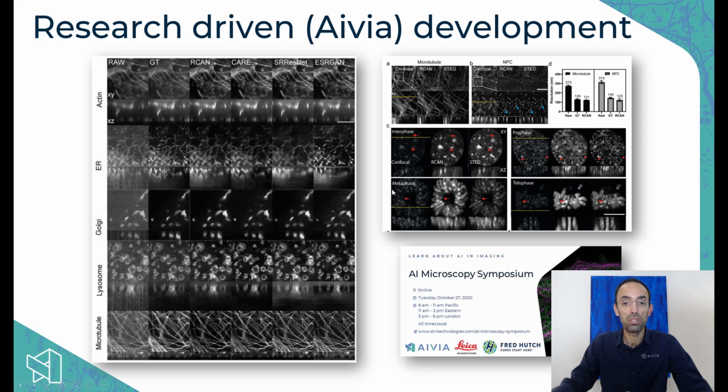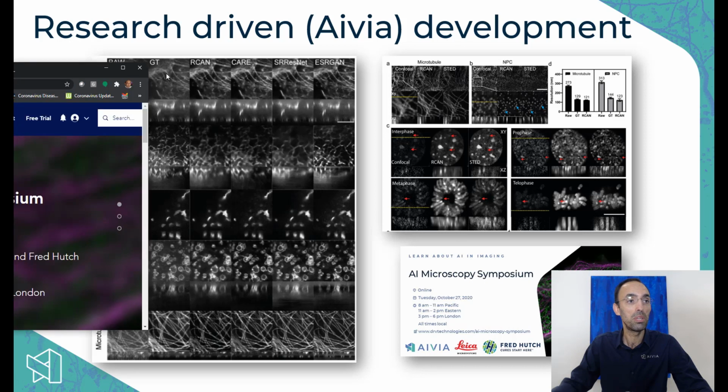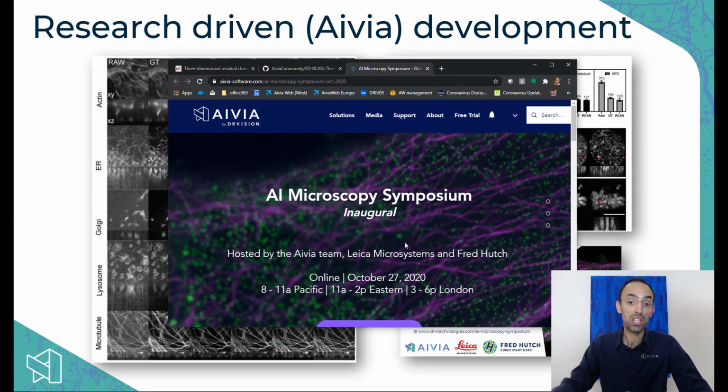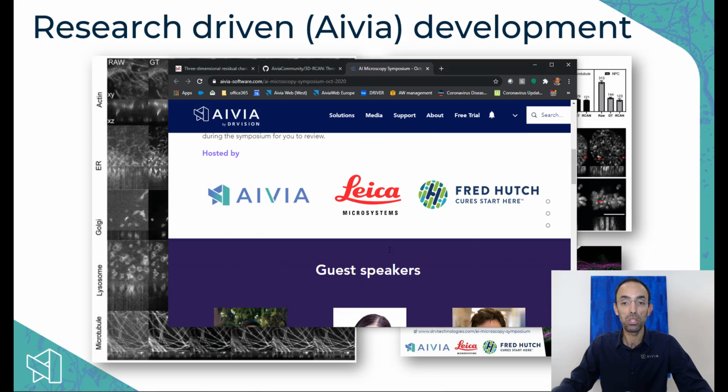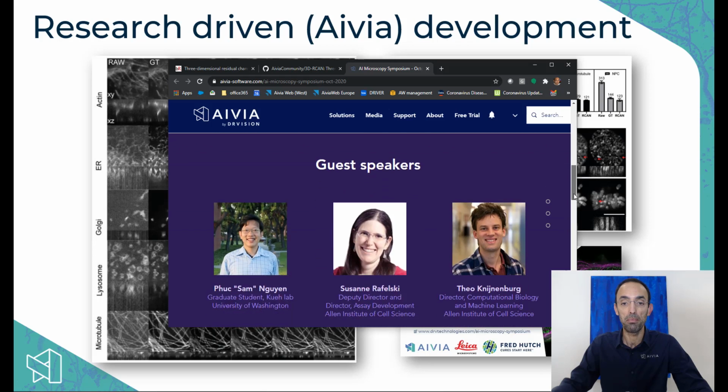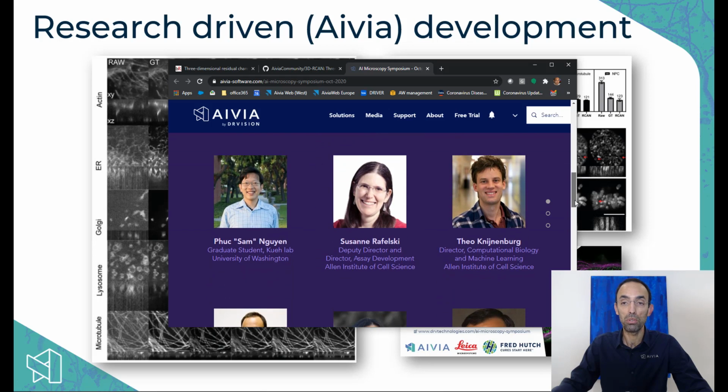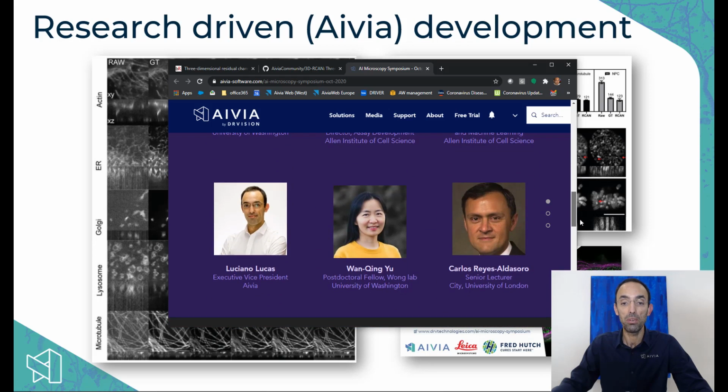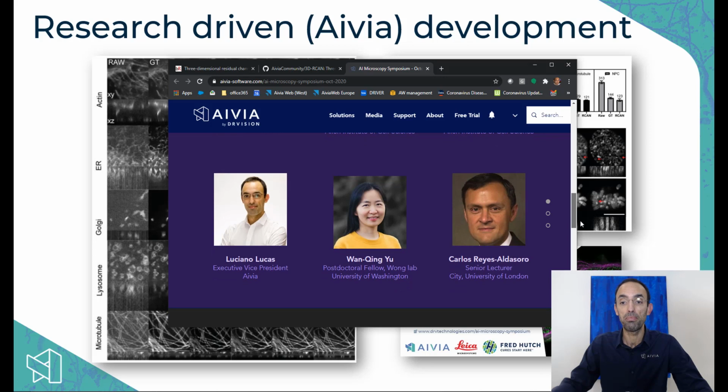For more details on that paper, you can visit the AI Microscopy Symposium. The first edition of that symposium was just 3 weeks ago, and it included presentations from the Allen Institute, the University of Washington, the City University of London, and myself.